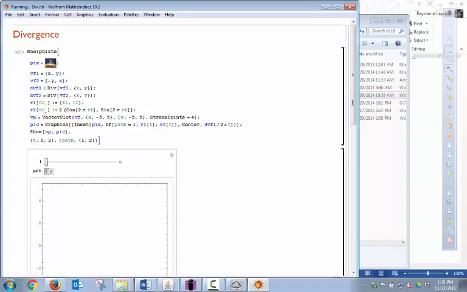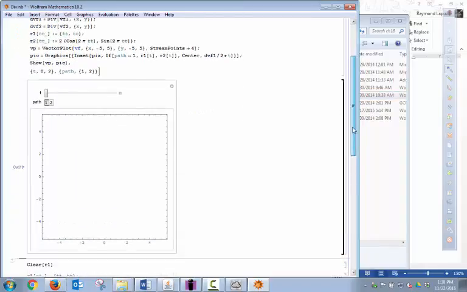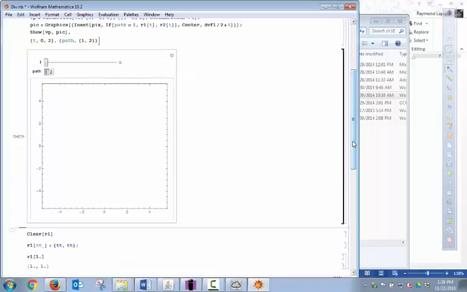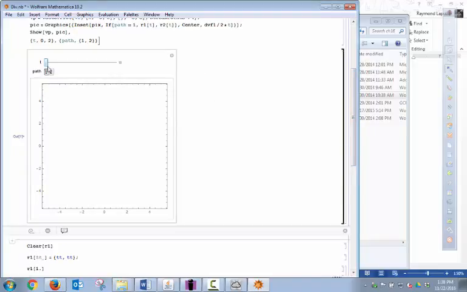Our vector field here is a simple x comma y, which is just those arrows that go outward. If you dropped an object, it would just go outward away from the origin. And as it goes out, it begins to expand.